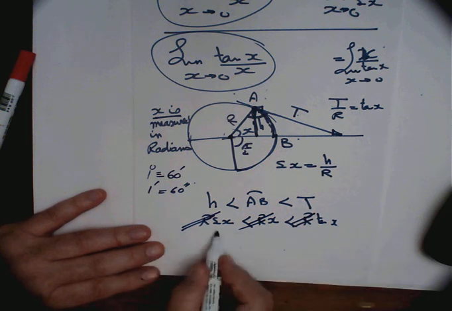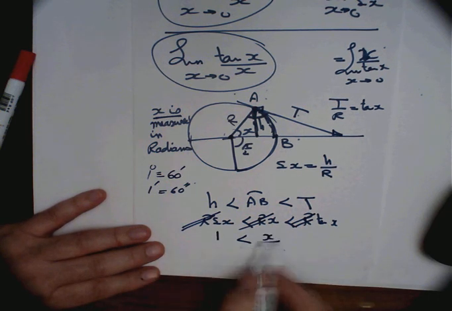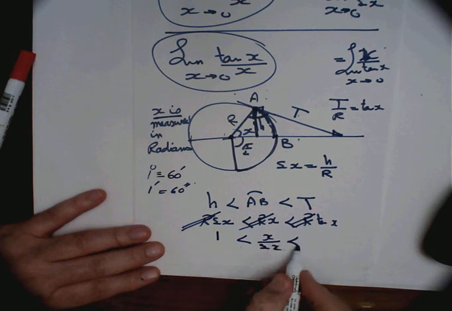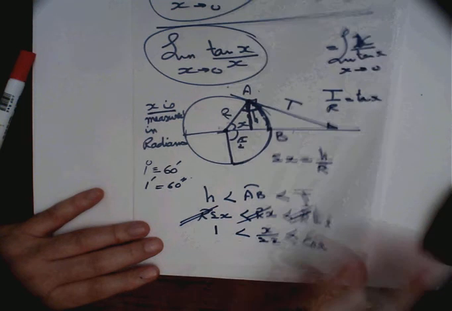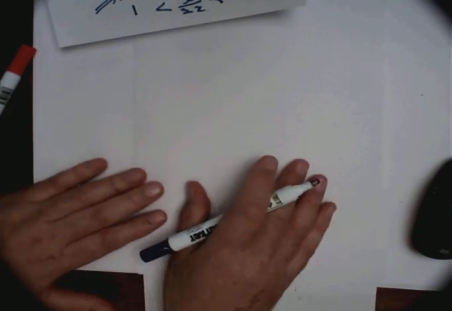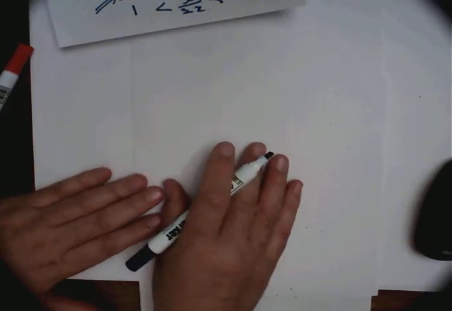So divide by sin x, you have 1 less than x divided by sin x less than tan x divided by sin x, which gives you 1 over cosine x. Now take the limits of all the quantities as x approaches 0.